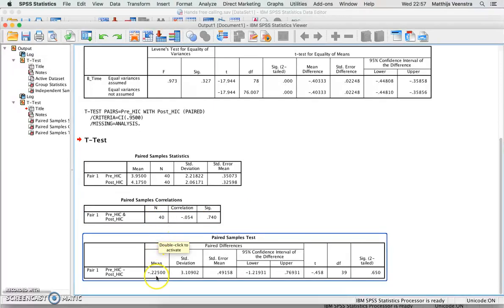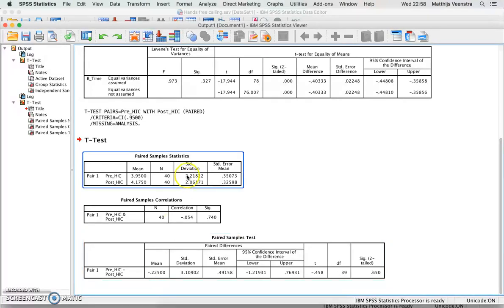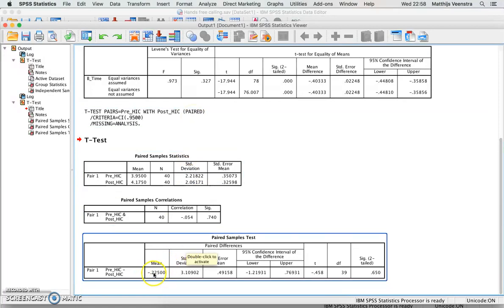And here are the results. Notice that this table looks quite a lot like the table we've seen with the independent samples t-test. So you have the mean difference in number of hiccups, really small, not even one hiccup, actually 0.2 hiccups. The t-value, also very low, and the significance.